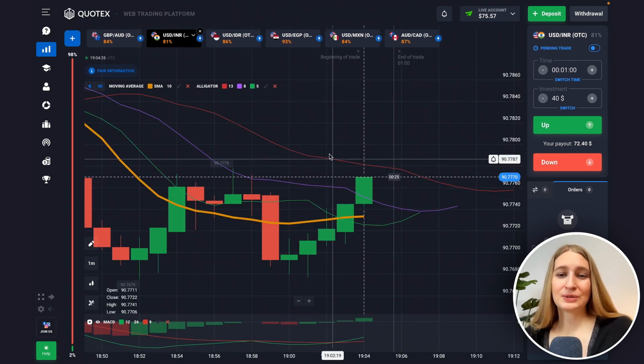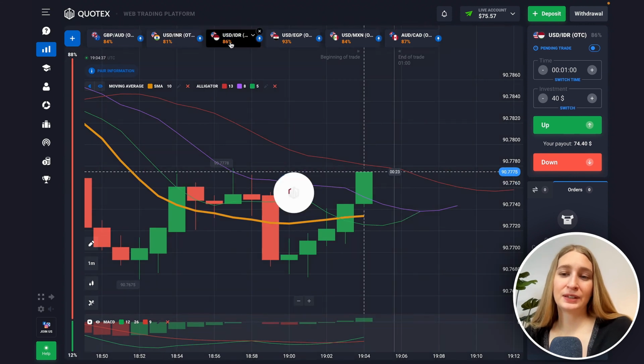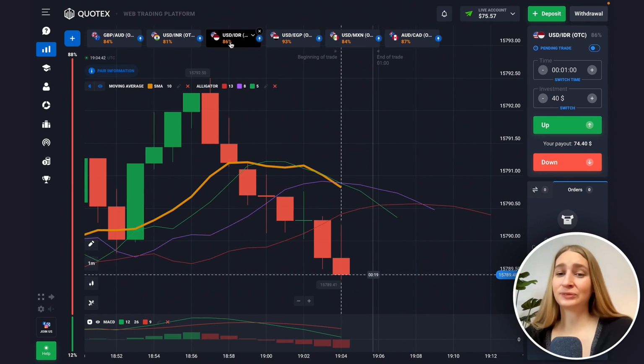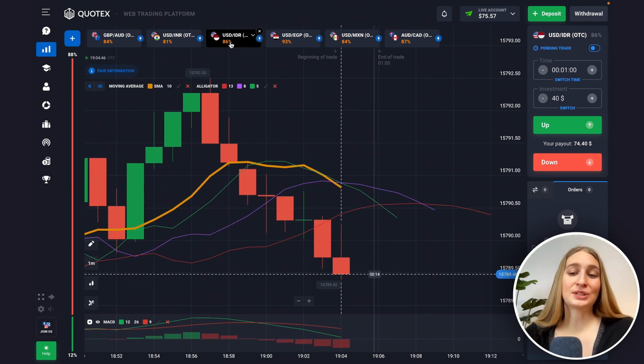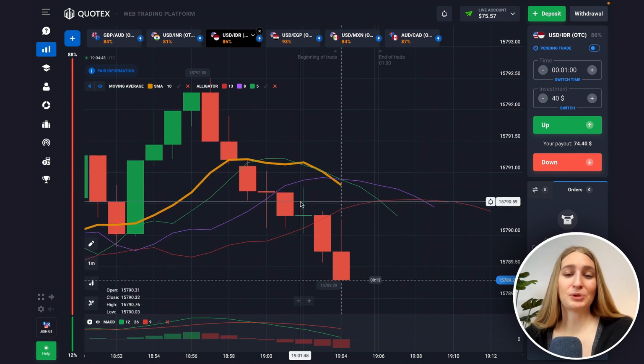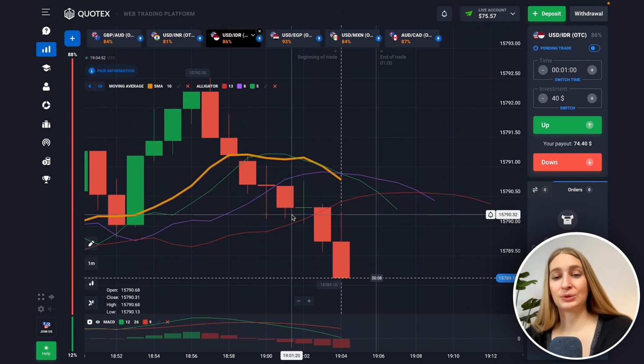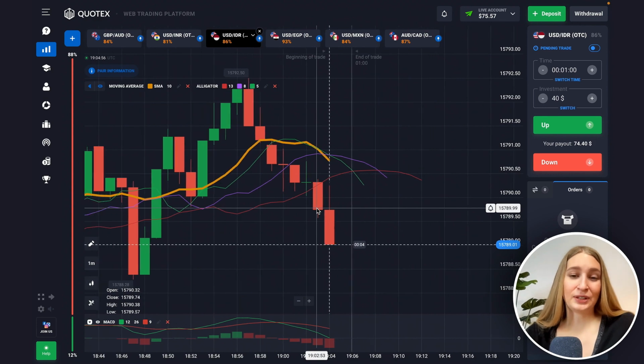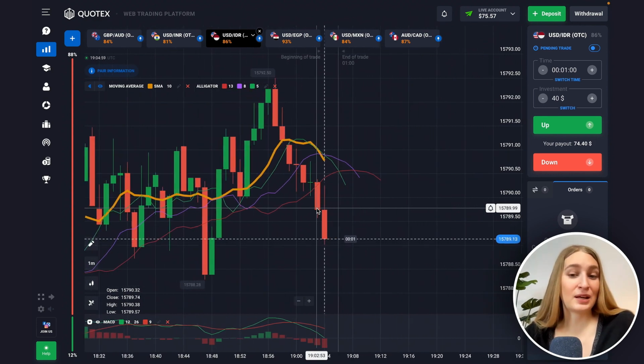Let's go to the, of course, third currency pair. Which currency pairs are better to trade on? To answer this question, it is important to understand which financial instrument can bring a stable profit to a trader. Think of what kind of car a driver can drive quickly and safely: a car that he knows well.